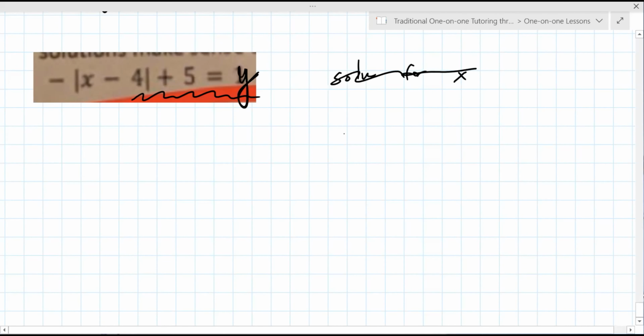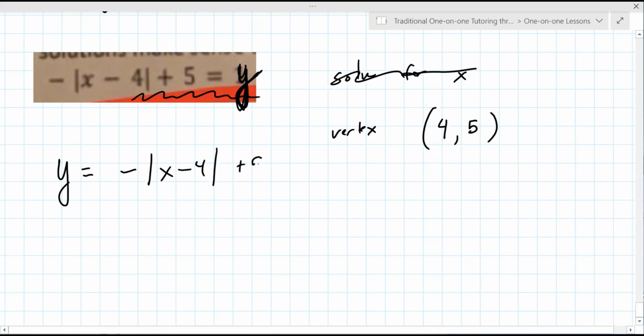What is the vertex? Wait, what was that number that's covered up? We're calling it y. So this is y equals negative absolute value of x minus 4, plus 5, and the vertex is (4, 5). Okay, that makes sense.